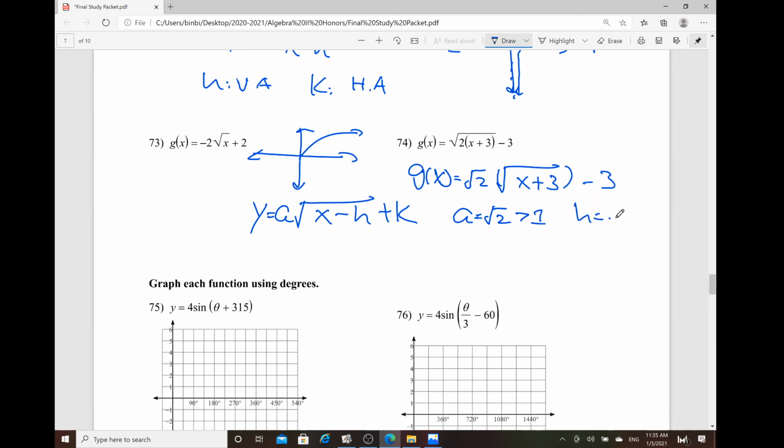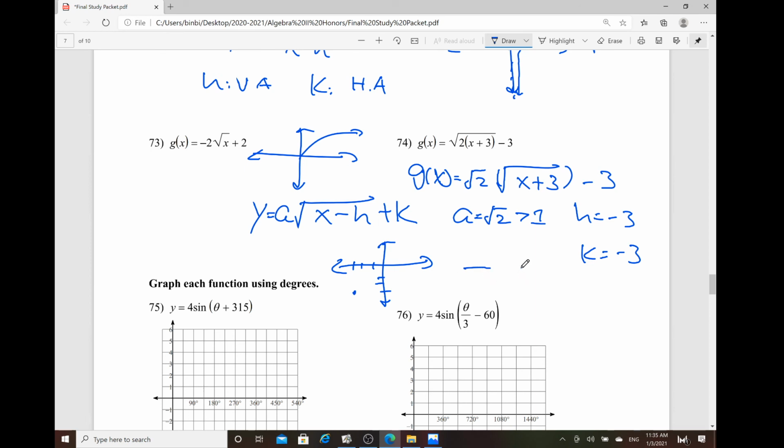And then h is negative 3, and k is negative 3. So negative 3, negative 3, so that it's in quadrant 3. And root 2 means it's a vertical stretch, so the curve is going to be a little bit wider, okay?